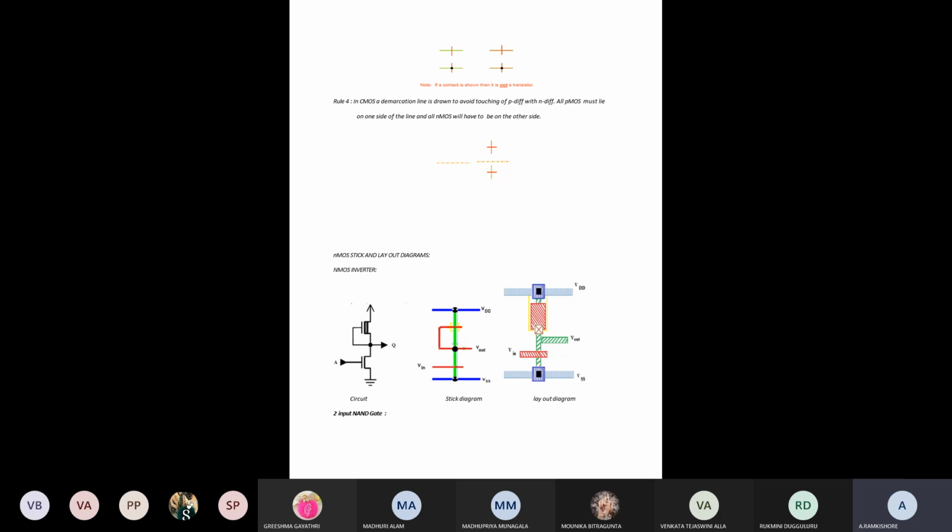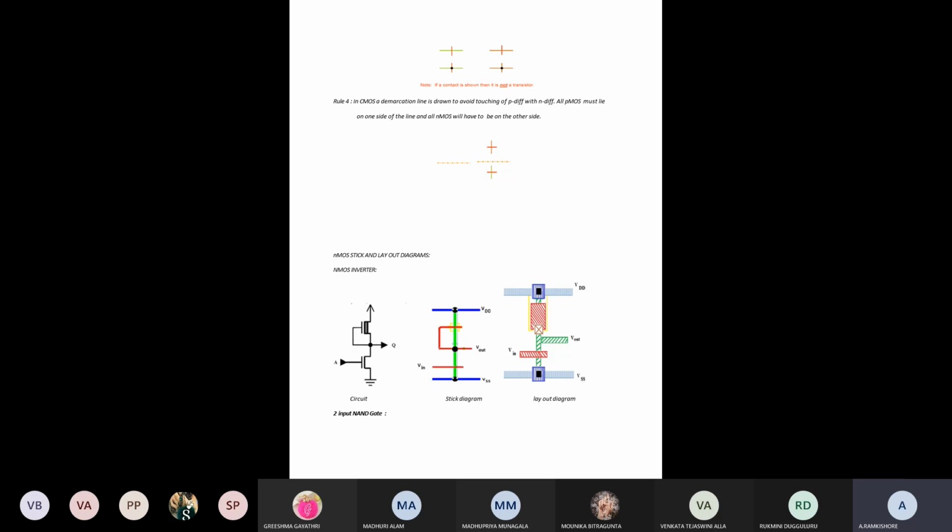Metal will be represented with blue color. So horizontally we draw blue metal lines for the VDD purpose at the upper part and for the VSS purpose at the bottom part.